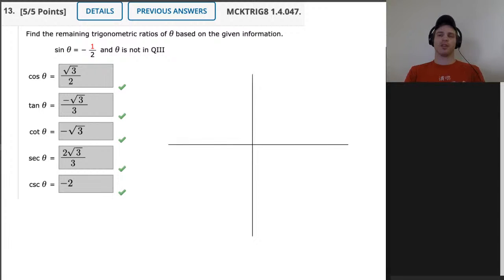So they might tell you theta is on the interval from 0 to pi over 2, or actually, they wouldn't include the endpoint. They'll tell you that it's in a quadrant in some way, like they'll give it to you this way, or they'll just say it's in quadrant 3.